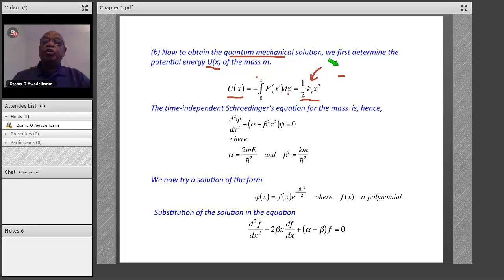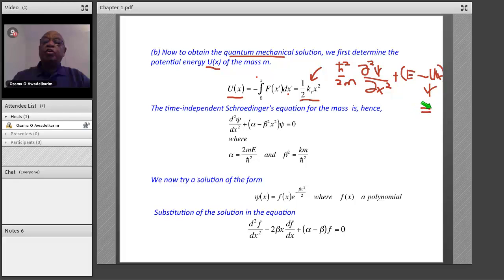It is h bar squared divided by 2m, times d squared psi by dx squared, plus e minus u, which is u of x in this case, a function of x, in a one-dimensional problem, times psi, and this is equal to 0.